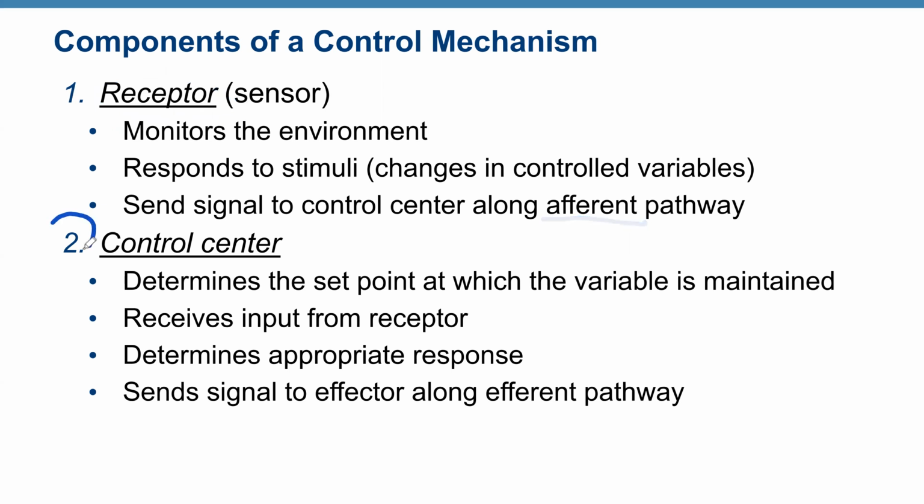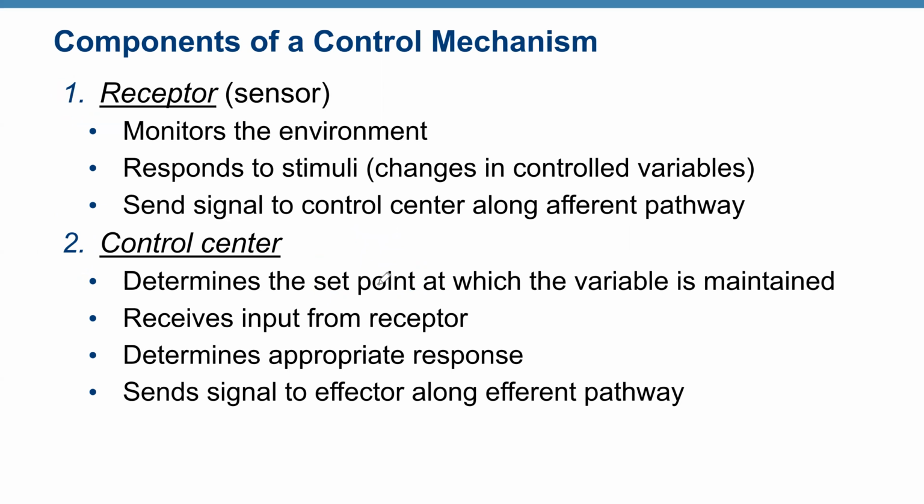Now your brain in this example is going to be the control center. So you always must have receptors and a control center. The control center determines the set point. So it will see, okay, temperature goes up, and as a result, body temperature goes up. But what is my set point? Well, my set point is 37 degrees Celsius, right? So is it above this or not?